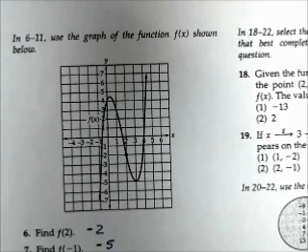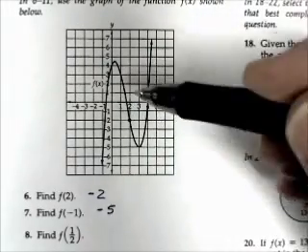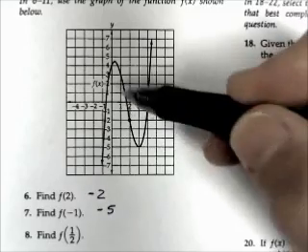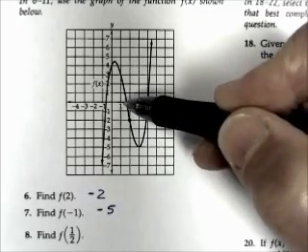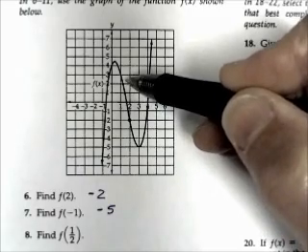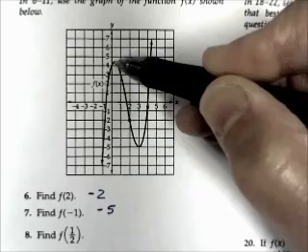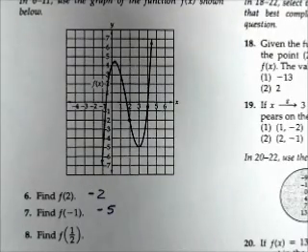Next, f value of 1/2. Okay, excuse me, I meant an x value of 1/2. We're finding f of 1/2. 1/2, I believe it's right here. Nope, that'd be 1 1/2. Okay, so it looks like it's up top here at 4 1/2.